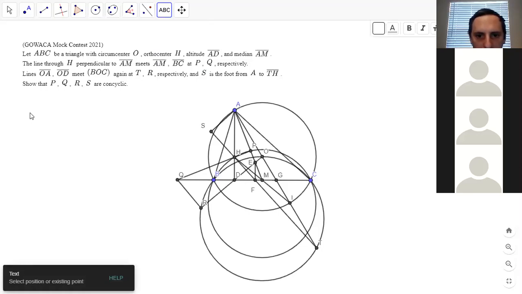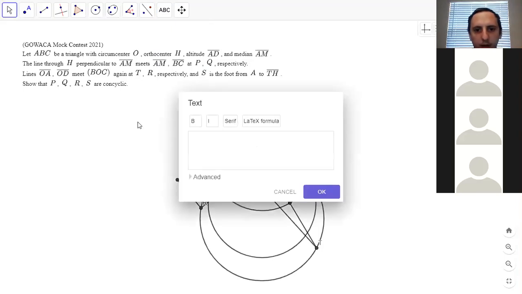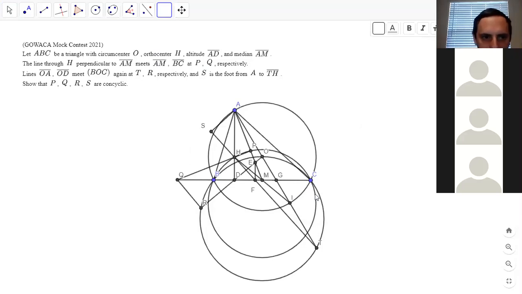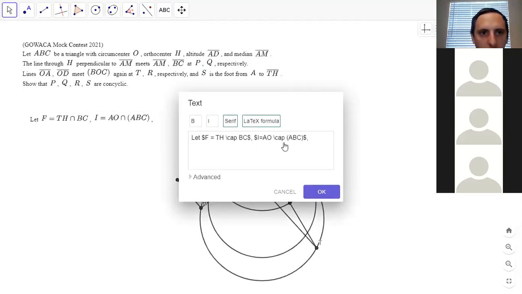Let T be on BC, and I is AO intersect the circumcircle ABC, and G is AO intersect BC.